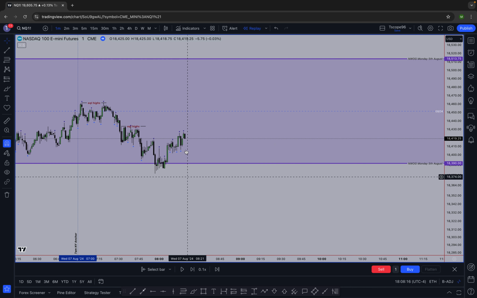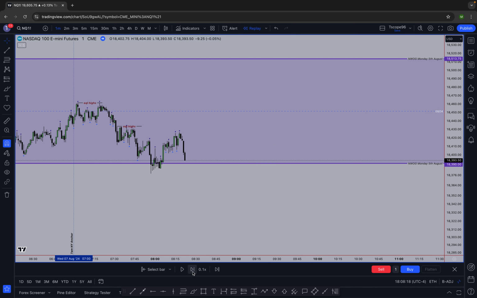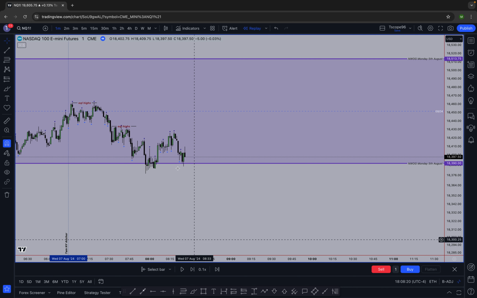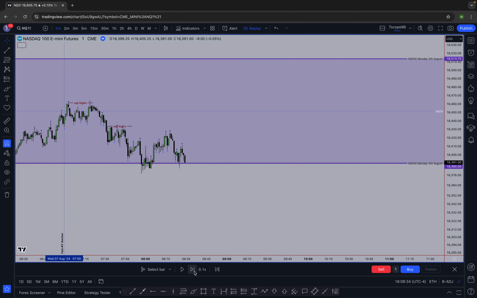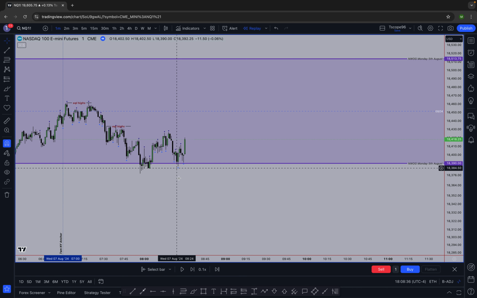So let's see if we have a willingness to go lower after doing so. Okay, so I'd classify that as a shift. And now I'm waiting to see a lower high get raided and then a candle close below a swing low as entry confirmation, and then I'm waiting for OTE. So we don't close below this.